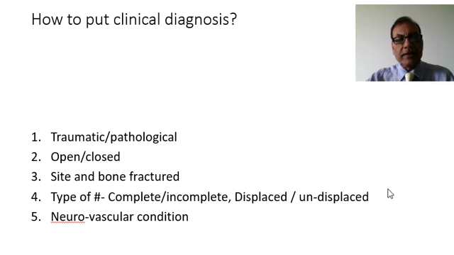And type of the fracture, you have to tell whether it is complete or incomplete. Also, if at all you are getting some indication whether it is displaced or undisplaced, put it under the diagnosis. And then don't forget to tell neurovascular condition as well.